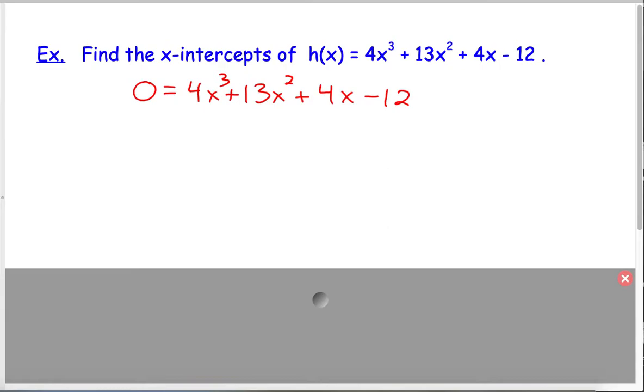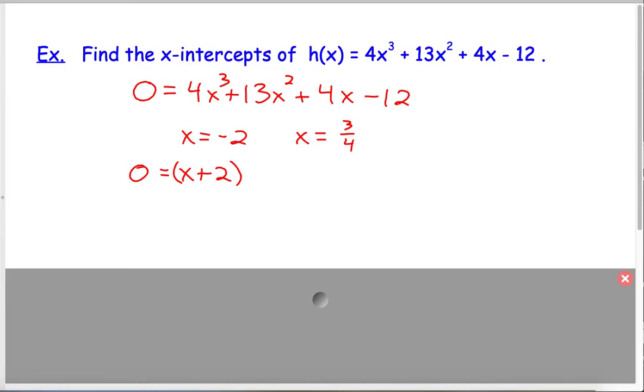It turns out, so we have, let's write x equals -2, and then we also have x equals 3/4. So I automatically know that x plus 2 is one of the factors of this function.